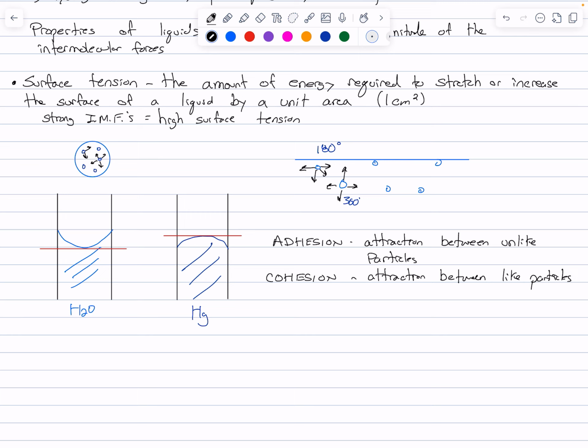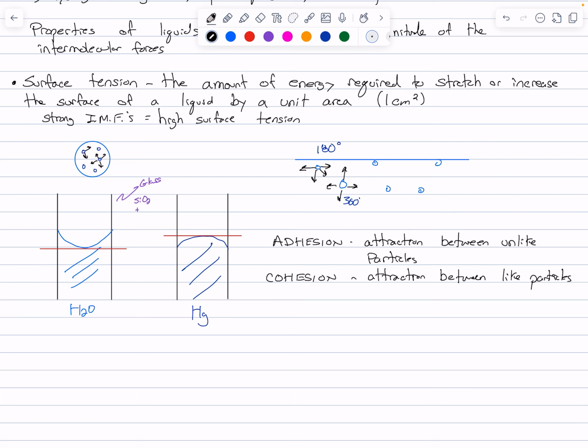All right. So water likes itself, but if this is glass, let's assume that our graduated cylinder here is glass. Glass is SiO2 plus some other stuff. Well, the oxygen in the glass, water is going to like the glass. Water likes glass, and so it goes up.